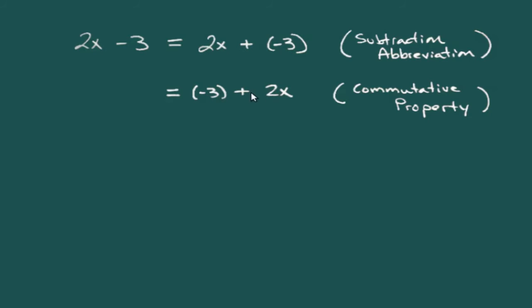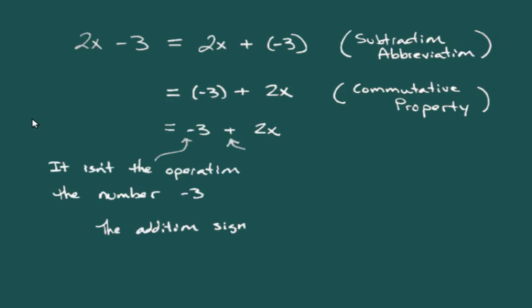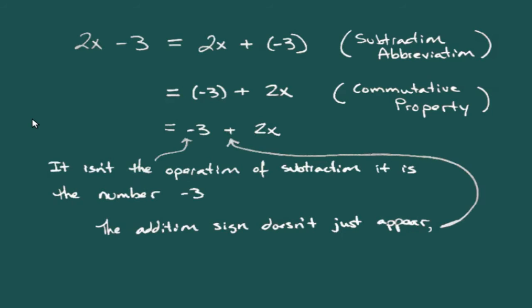So we get a negative 3 plus the 2x. This isn't the operation of subtraction. It's really the number negative 3 that's there, and the addition doesn't just appear. It was actually there all along, and it was contained in the abbreviation. And so part of this is really just learning to recognize and learn the language of the expressions and why we're actually doing what we're doing.